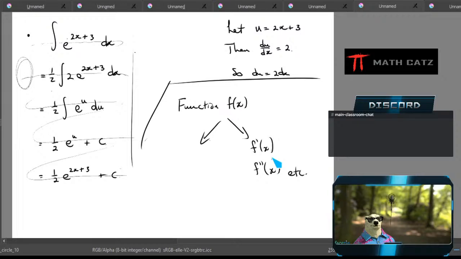Okay, derivative direction. Or you could say, I have a function, I'm going in the antiderivative direction. Then your representation for the antiderivative, which is really a family, is the indefinite integral. It's not a little adjustment of the name of the function with a prime or a double prime.